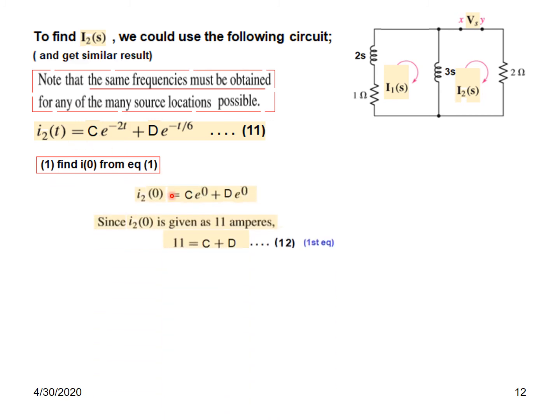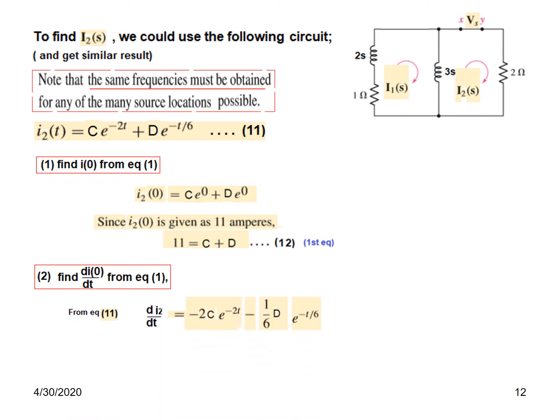and plugging in t is equal to 0, we get our first equation, which is equation number 12, that is I1 is equal to c plus d. And then we also find di/dt from equation number 1. So same way we just differentiate this. So differentiating, we get these two terms, minus 2c and minus 1 over 6 d e raised to the power this.